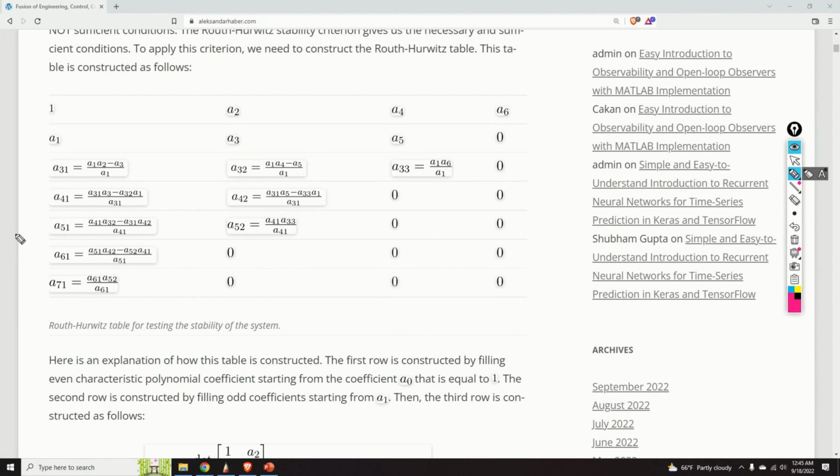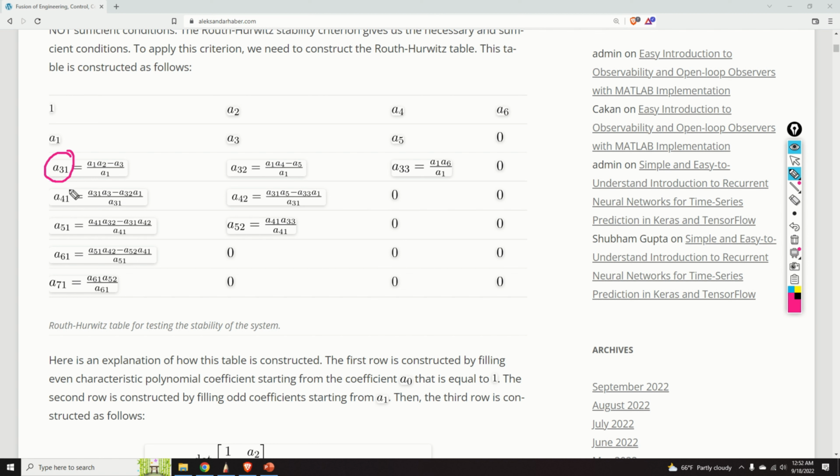Once we populated the first two rows by using the coefficients of the characteristic polynomial, we can also populate all other rows by using a simple recursive principle that I will explain in the sequel. First, we explain how to compute the coefficient A31. Here the subscript or index 31 means that this entry belongs to the third row and the first column.